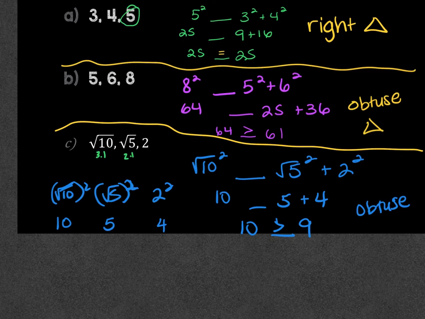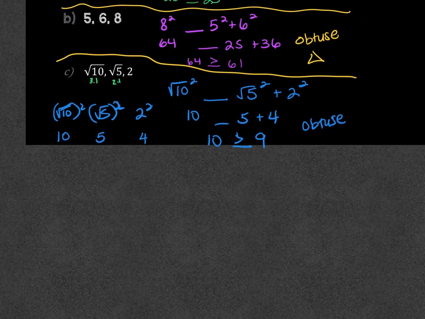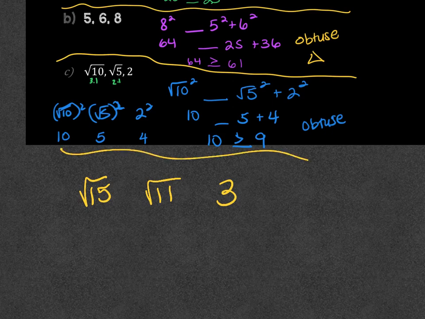Why did we have to do the other part, the 3.1 and 2.1? There's two ways. Let's say I had square root 15, square root 11, and 3, for example. There's two ways to figure out which of those is the biggest. One is to approximate it.